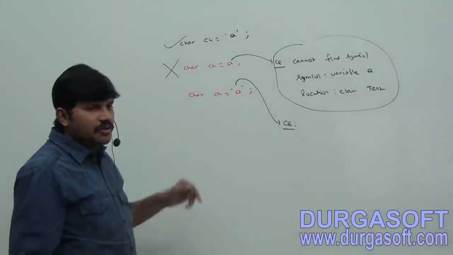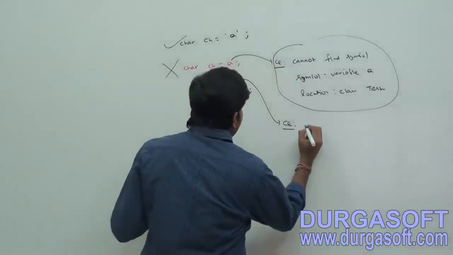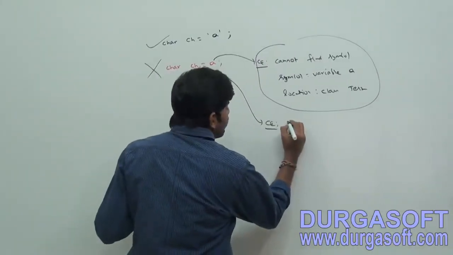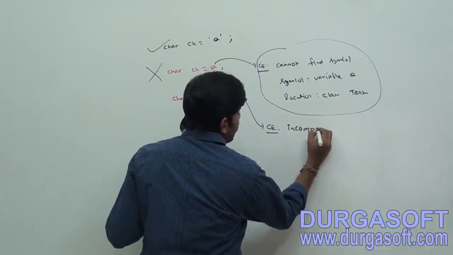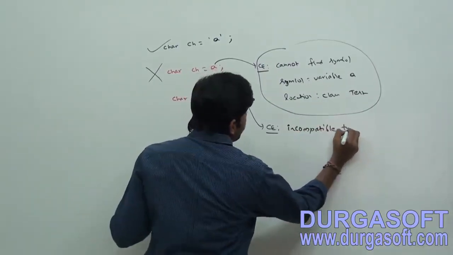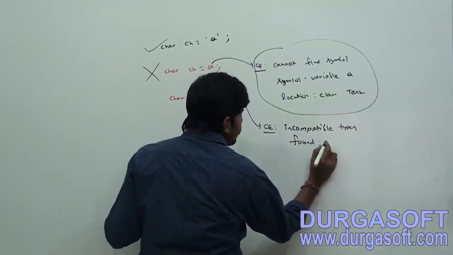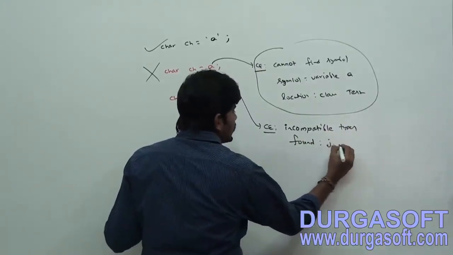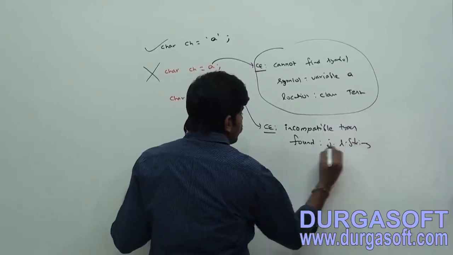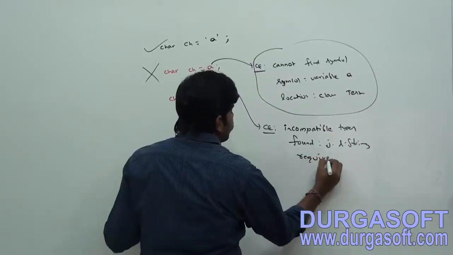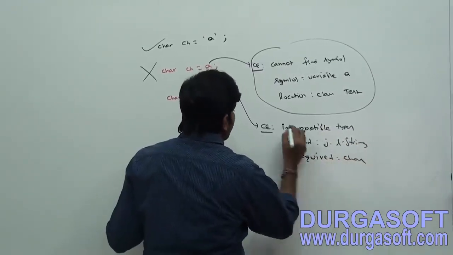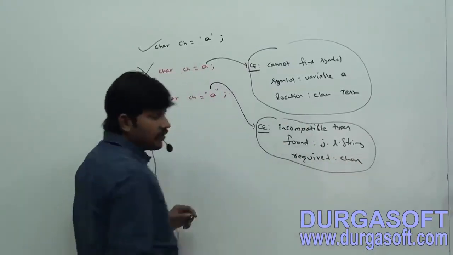How can you assign a String to a char variable? So the compile time error is incompatible types: found java.lang.String, required char.